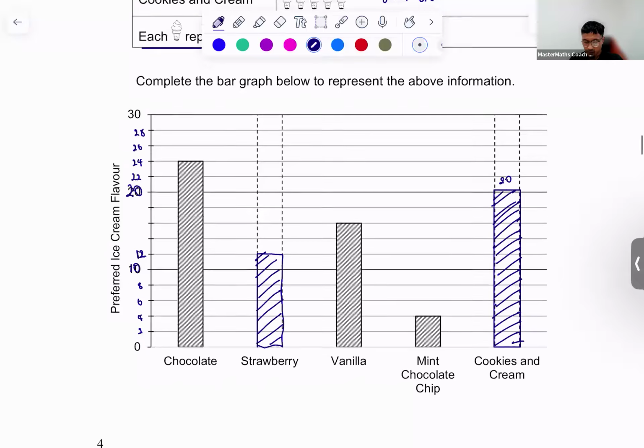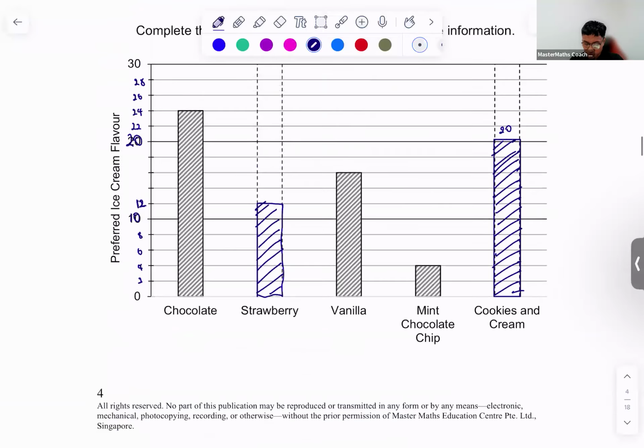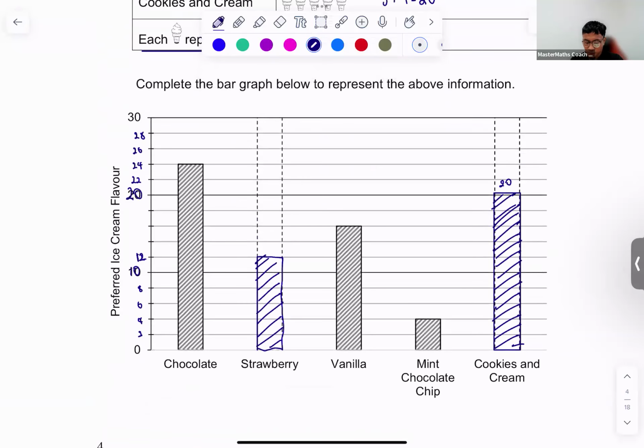Okay. So looking at the bar graph here, can you tell me how many students like vanilla? 16.